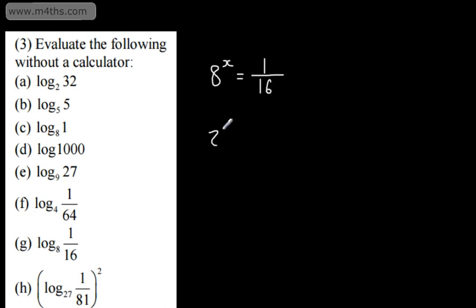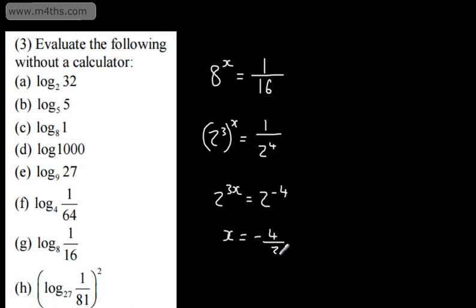So 2 to the power of 3 to the power of x is going to be 1 over 2 to the power of 4. So 2 to the power of 3x is going to be equal to 2 to the power of negative 4. So we can see that x, equating the powers as the bases are the same, is going to be negative 4/3.